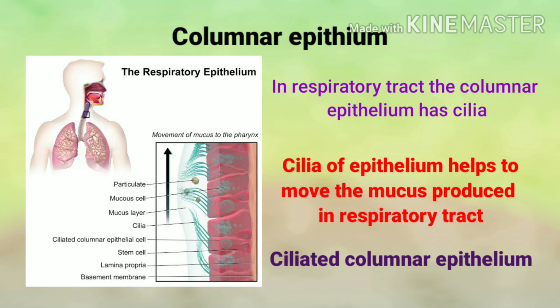Such epithelium which has cilia is called ciliated epithelium. Ciliated columnar epithelium means the epithelium which has cilia on it.